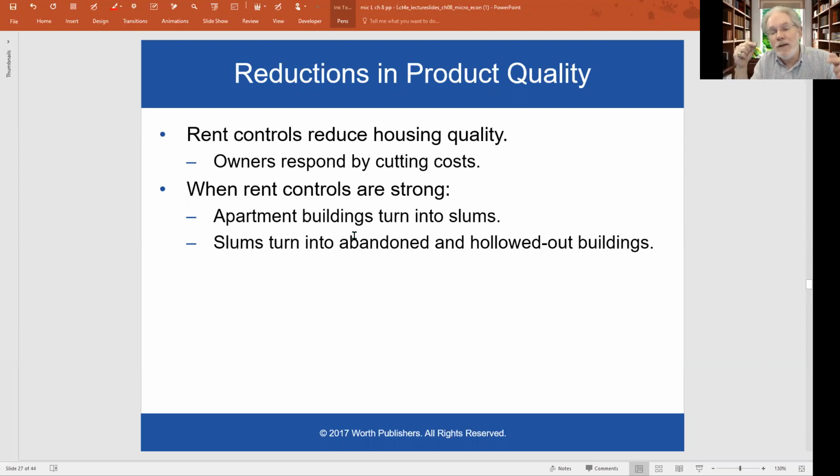And so the landlords allowed the property to just totally fall apart, and it was literally worthless. It's been said that the most effective way to destroy a city, apart from bombing it, is rent control. And we have lots and lots of examples of how that is true.